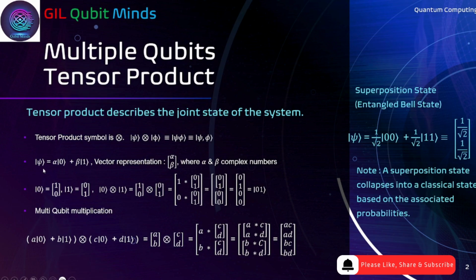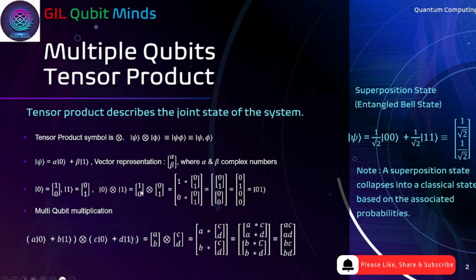We have seen that the basis state, suppose xi equals alpha |0> plus beta |1>, can be represented as a vector of the coefficients alpha and beta, where alpha and beta are complex number coefficients. Now we are going to see what happens when we multiply, what the rule is, and how it multiplies for two qubits in a tensor product.